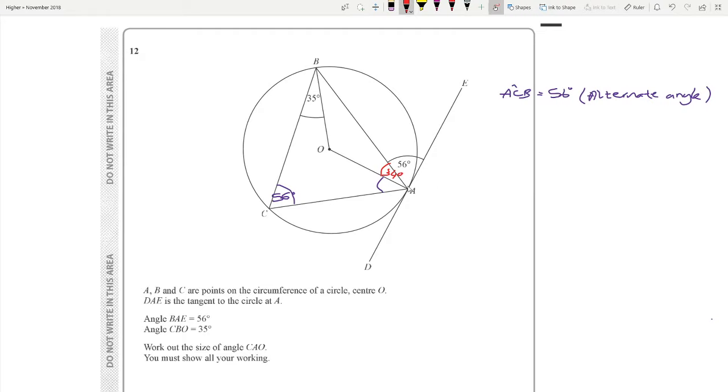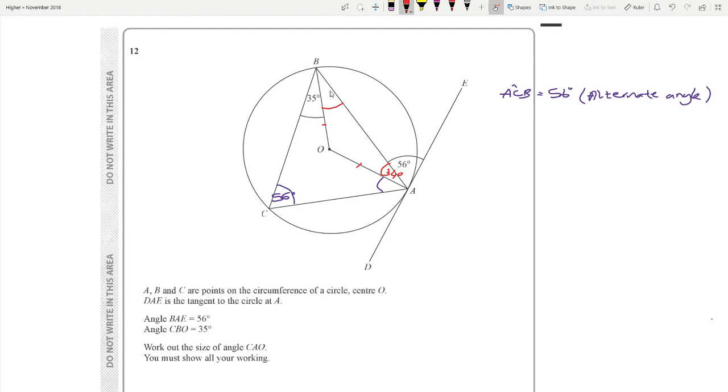After this, we can work out the angle ABO as well. Notice, this is a radius here, and this is a radius here. So this forms a triangle. What kind of triangle has two sides that are the same? An isosceles triangle. And therefore the angles at the base are the same.